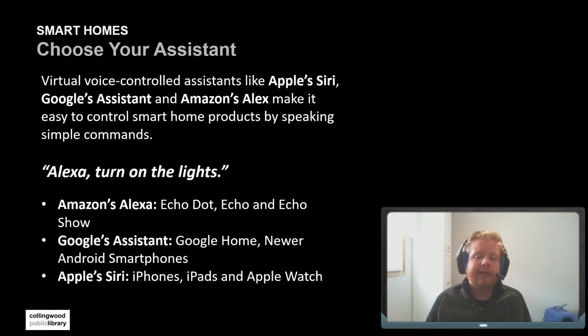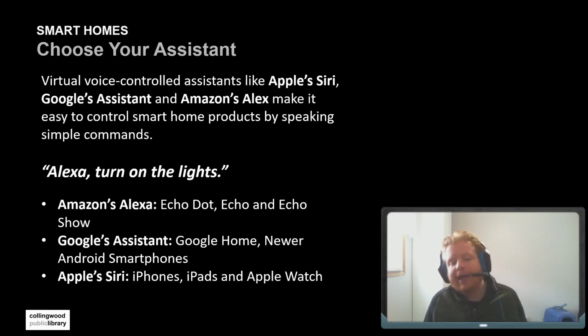So, the biggest thing is that we might already have some of these devices at home as we speak. So, if you already have an Echo Dot or an Echo, you already have an Alexa. So basically, that is your assistant.